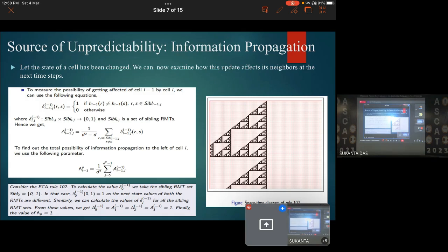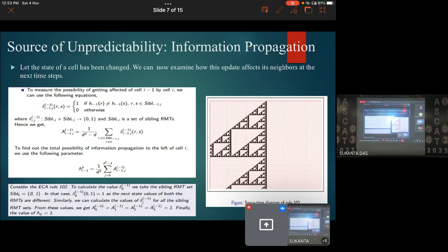That means this change in the rightmost cell is affecting its exactly left cell. So there is a change, and we mark it as 1, otherwise it is 0. And by marking all such RMTs for a rule, and by marking all such rules in the cell, we can get a parameter of this left propagation.